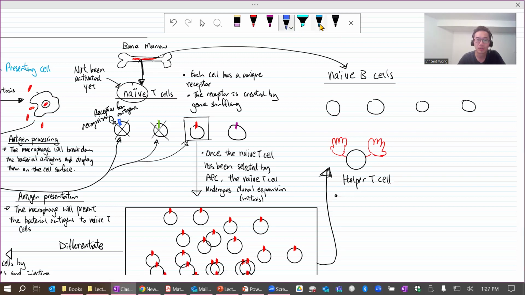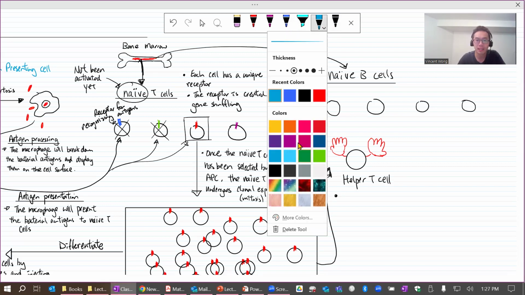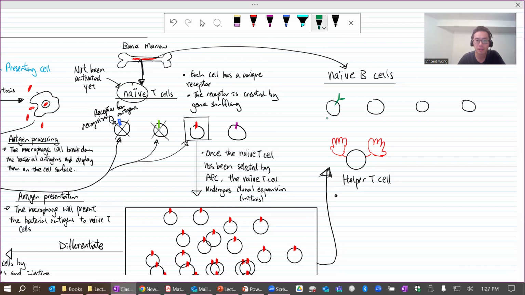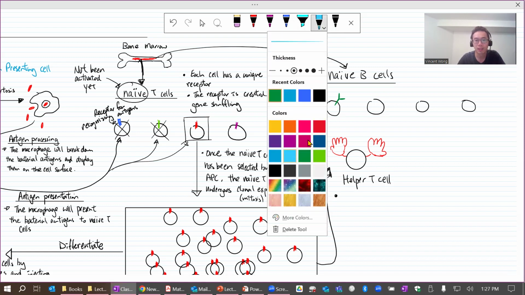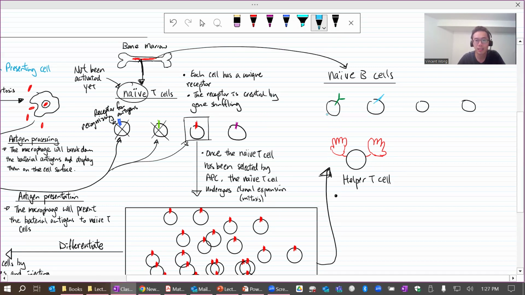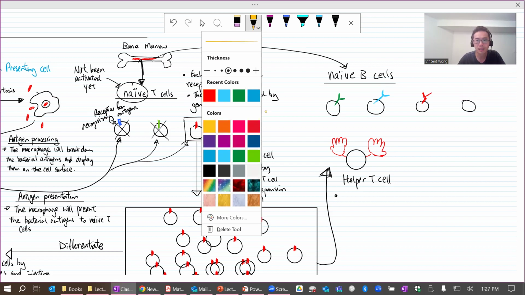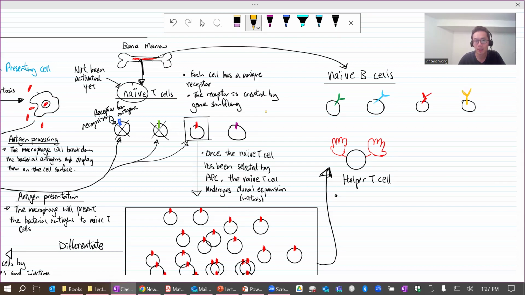So you might have a naive B cell that's capable of making green antibodies. You might have one that's capable of making blue antibodies, and surely enough, we have one that's making red antibodies. And then you might even have one that makes yellow antibodies.